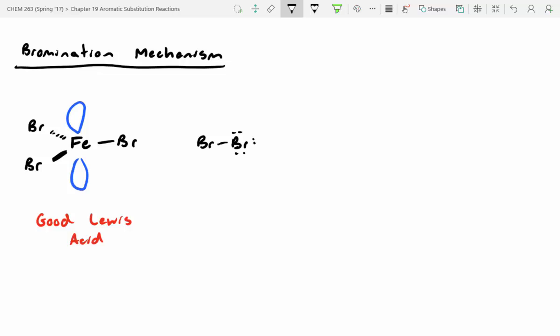And bromine's got a large amount of electron density. And so one of these lone pairs can get donated to that empty p orbital. And when you do this, you do change the geometry of your iron complex.